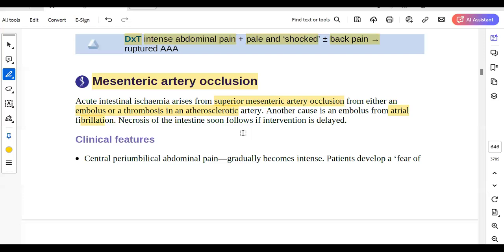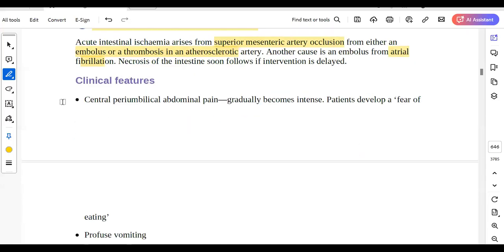Okay. So we are discussing mesenteric artery occlusion. It happens because of superior mesenteric artery occlusion, either from an emboli or a clot. And atrial fibrillation is usually one of the causes of it. So the patient will come to you with a central periumbilical abdominal pain, right?